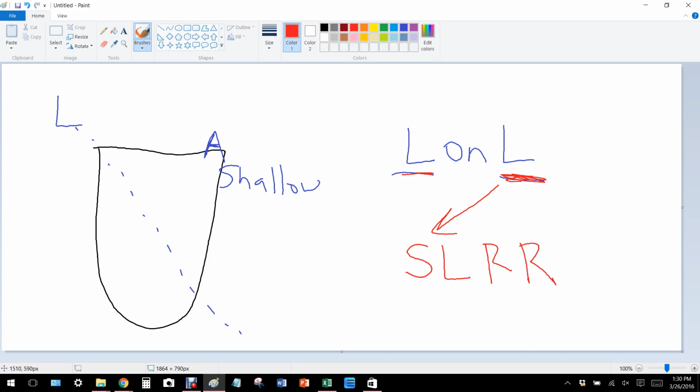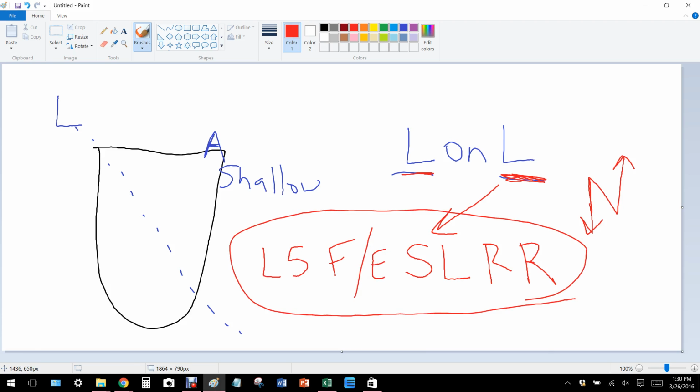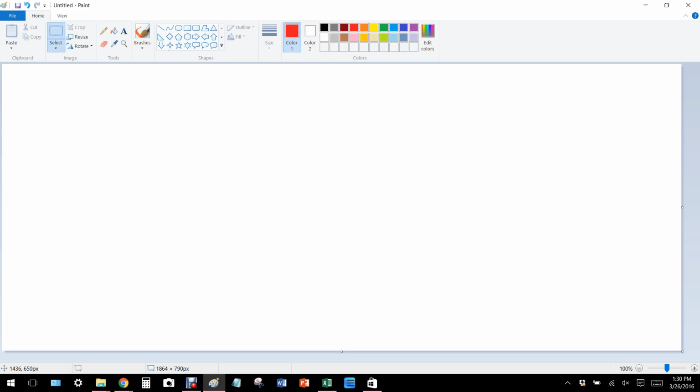Since these are in opposite directions, side bending and rotation going in opposite directions, we know that this has to be either a flexion or extension. Side bent left, rotated right of L5. See how you can work that through? We can do one more practice one if you'd like, but hopefully you're kind of getting the idea here.